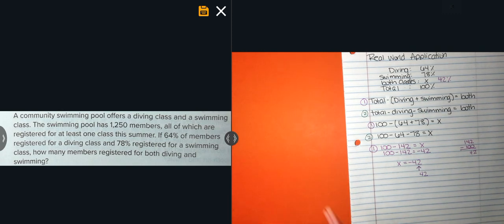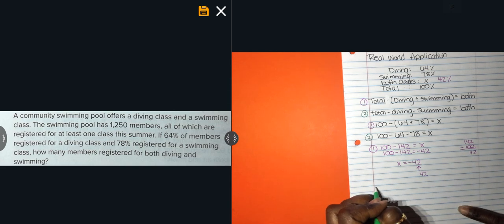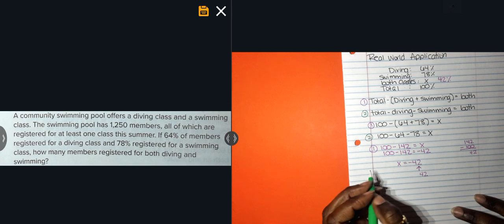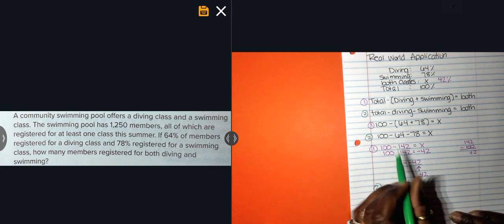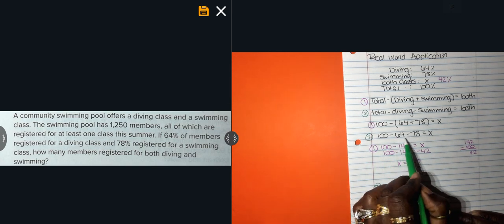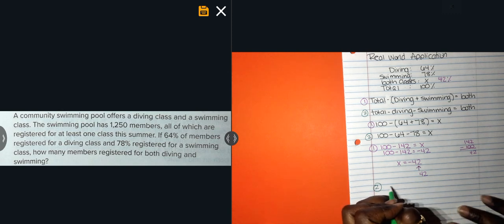So under method 2, let's see what happens under method 2. Again, it should be the same, right? So 100 take away 64 gives me 36, and then 36 takes away 78.